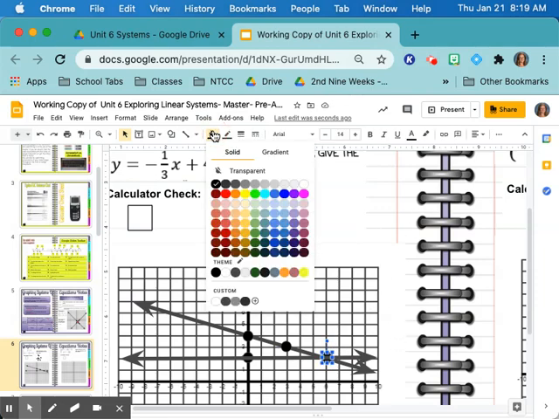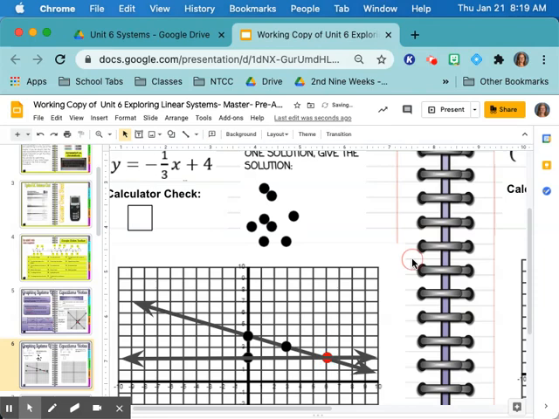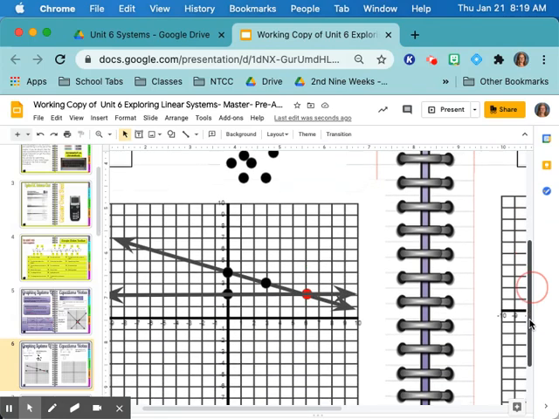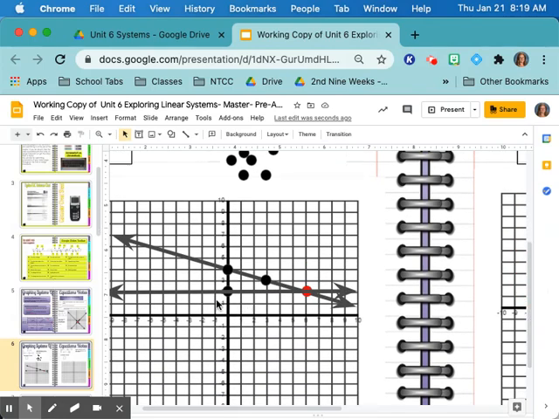Then make the point of intersection red. Okay, so what is that coordinate?